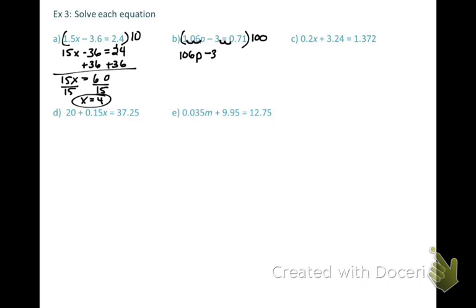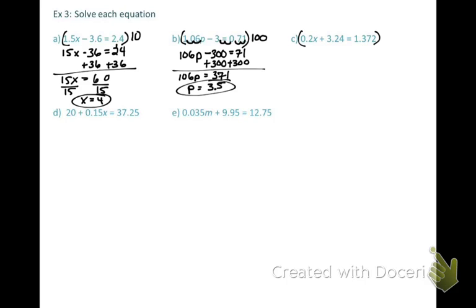So it's going to be 300 equals, move it over twice, so it's 71. Then I add 300. 106p equals 371. 371 divided by 106 is 3.5. And there you go.